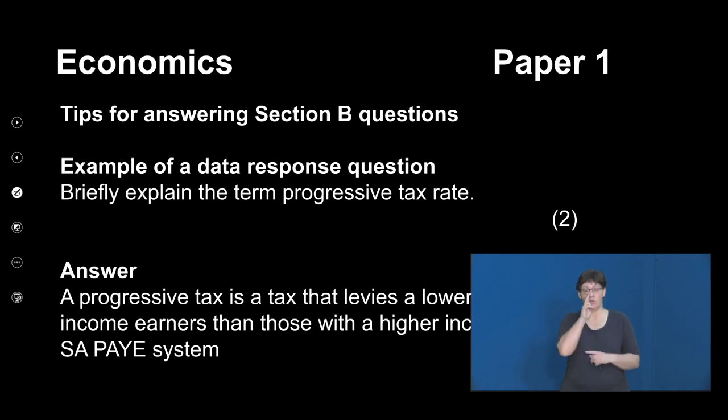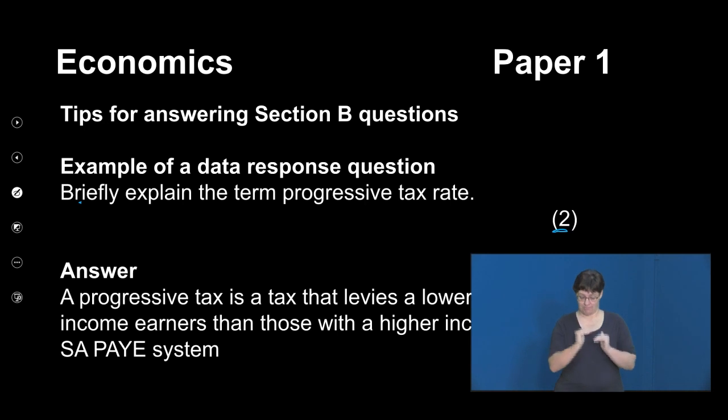As you can see, boys and girls, the questions keep on scaffolding. Now you get typically another question like, briefly explain the term progressive tax rate. Now the mark allocation becomes higher because the level of difficulty is obviously higher than the name and list type of questions, right?